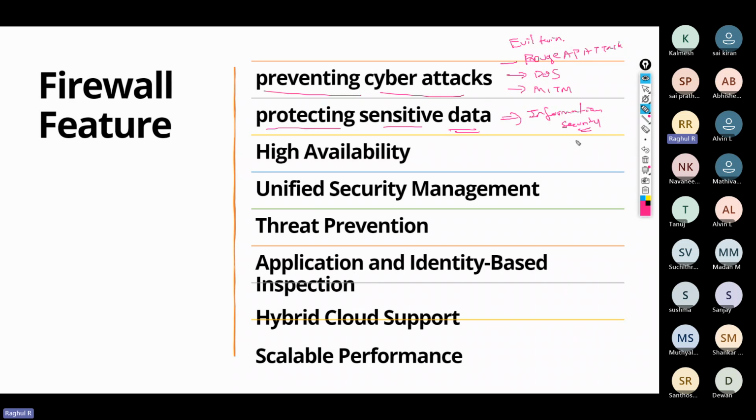To avoid that, there is something called high availability. This is similar to the HSRP protocol by Cisco. This high availability will have a pair of two firewalls.